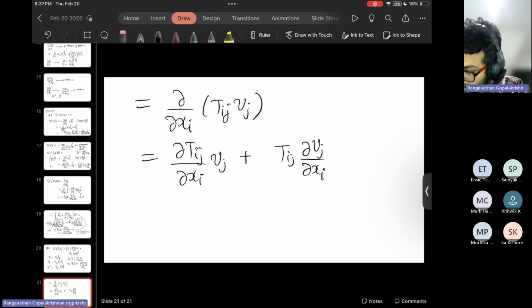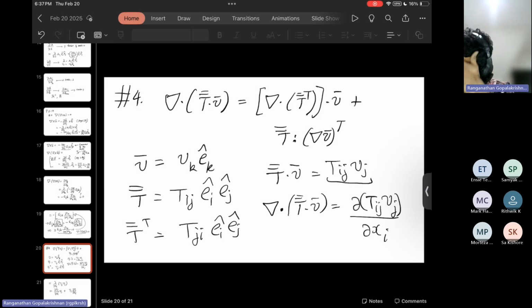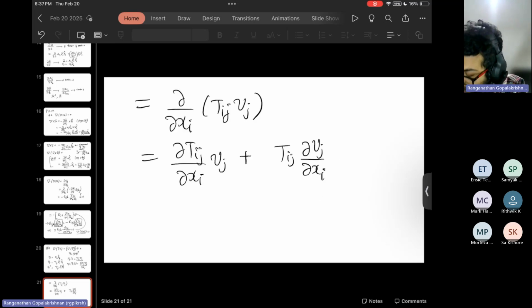All right, let's check something. Let's see if this quantity, the divergence of T transpose dot V, happens to be the first term.